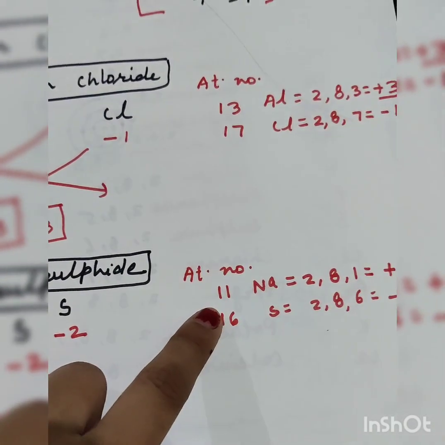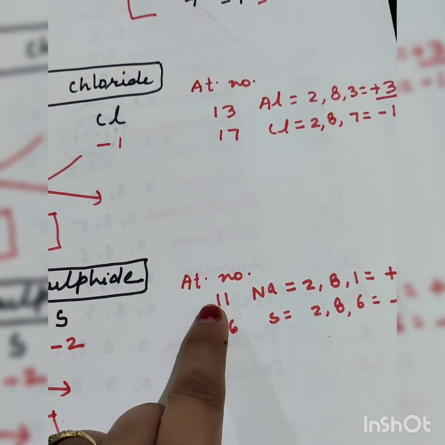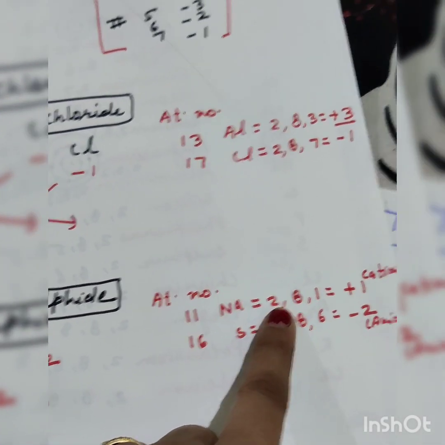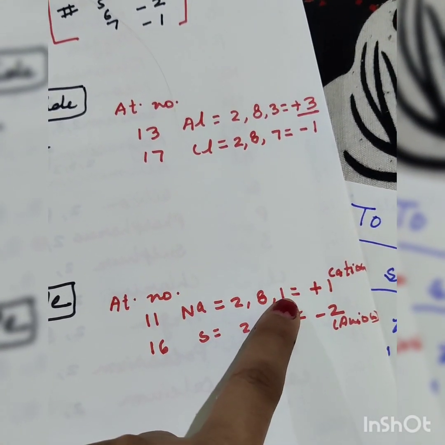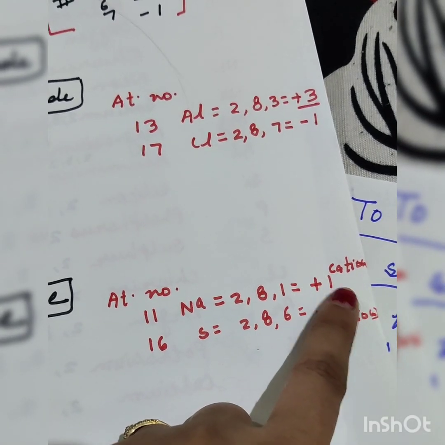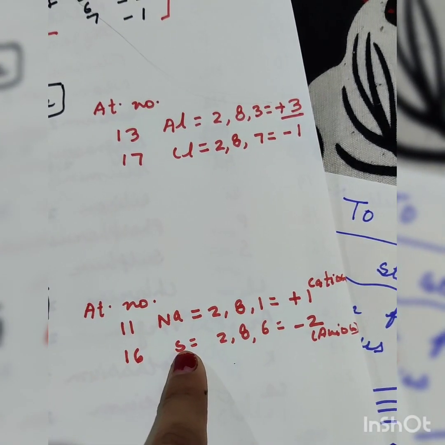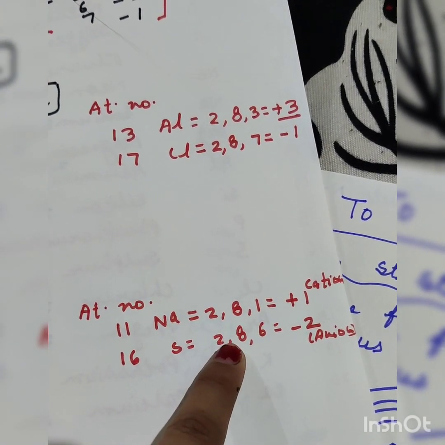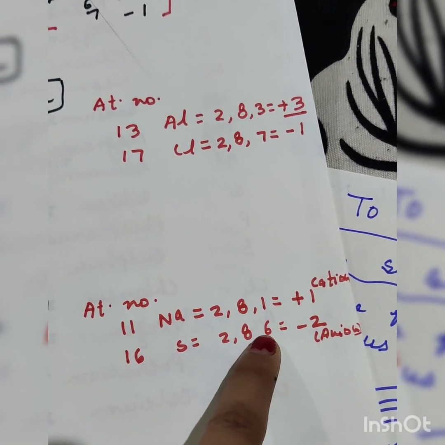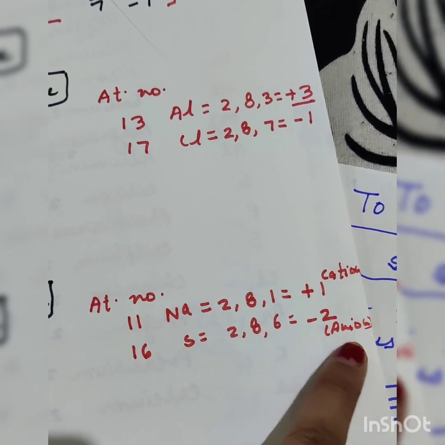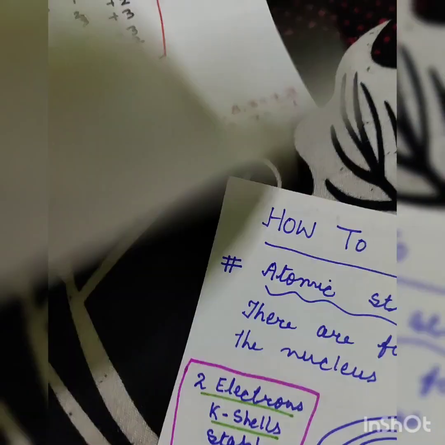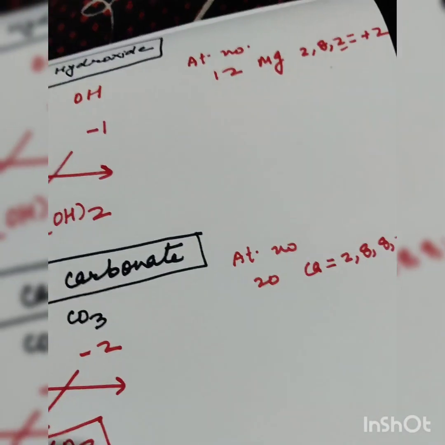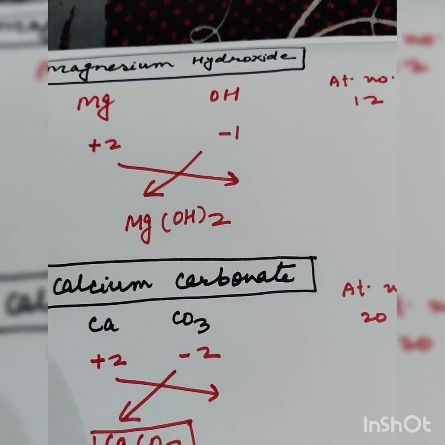You can see here also sodium is having atomic number 11 and its electronic distribution 2, 8, 1, hence its valency will be +1, and sulfur is having atomic number 16 and its electronic distribution will be 2, 8, 6, hence valency will be -2.